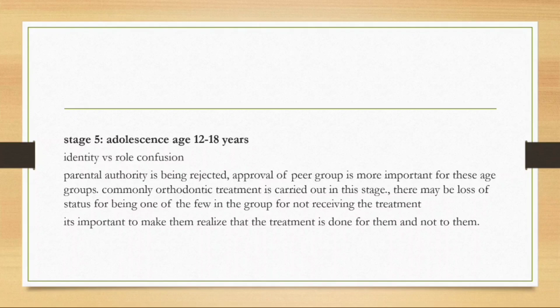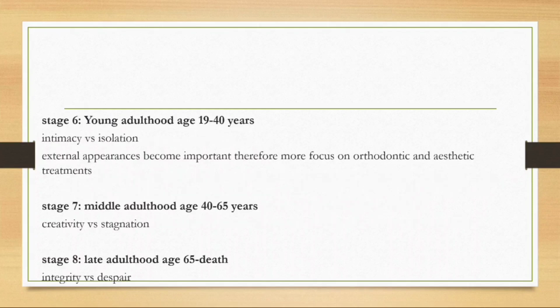They like being liked by the peer group, and they are influenced by peer suggestions rather than parental ones. So they seek orthodontic or aesthetic treatments mostly through peer influence. It is important to make them realize that the treatment is done for them and not to them.